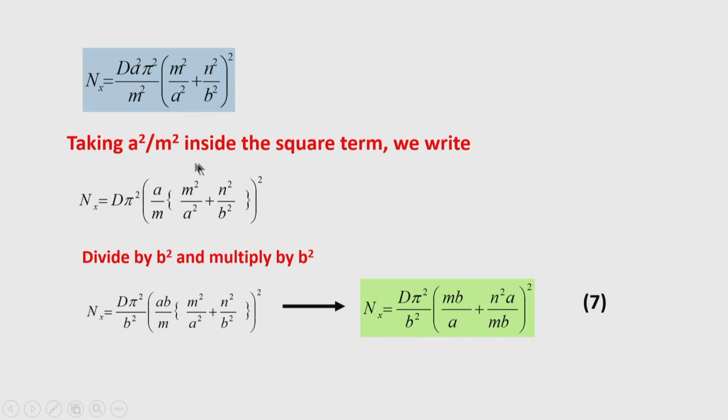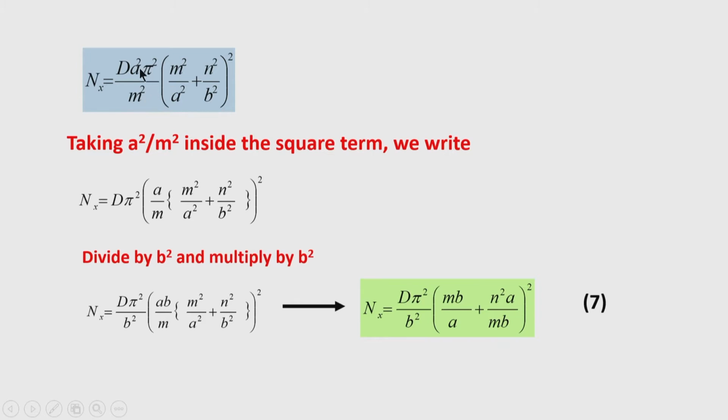Okay. Now, taking a² by m² inside the bracket. If I take a² by m² inside this square term, then I will multiply the term inside the bracket by a by m, because when I take a by m outside the bracket, then it will be a² by m².